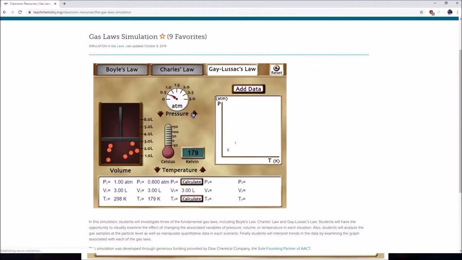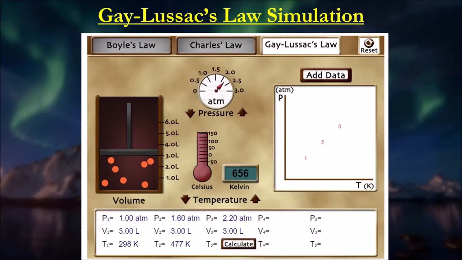If I did the opposite and I increased the pressure, and I did it again, you see temperature just increases along with pressure. So if you just have a look at these data points being plotted on the graph, you can see you can actually make a linear plot for this.